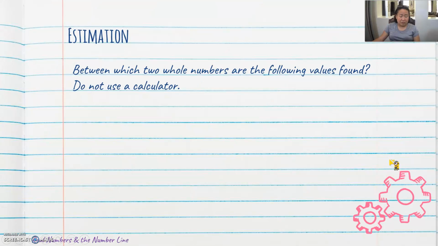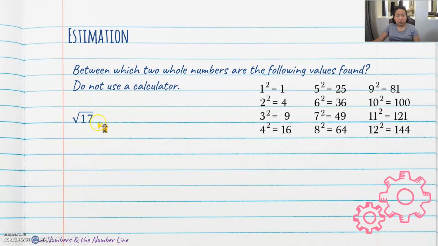Okay? So let's do some estimation practice here. Between which two whole numbers are the following values found? And we are not to use our calculator. What we need to use is our knowledge about the perfect squares. So in the case of the square root of 17, what will be our good estimate? The number inside the radicand is 17.